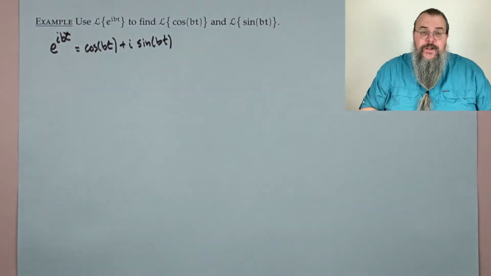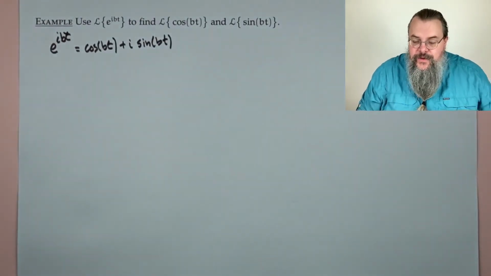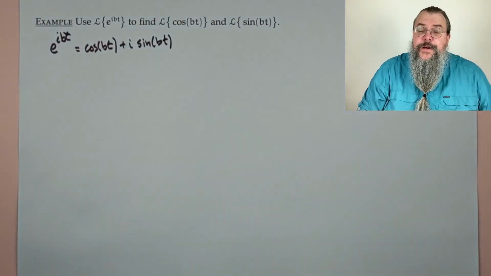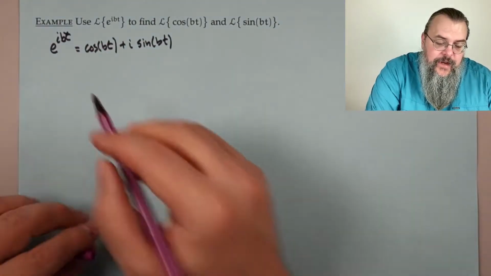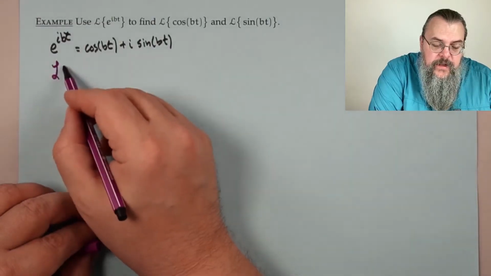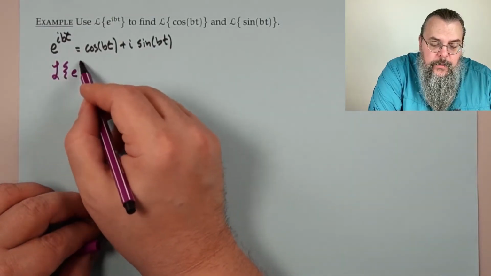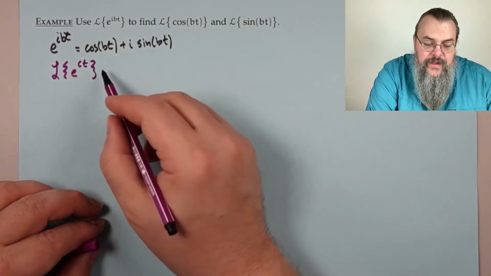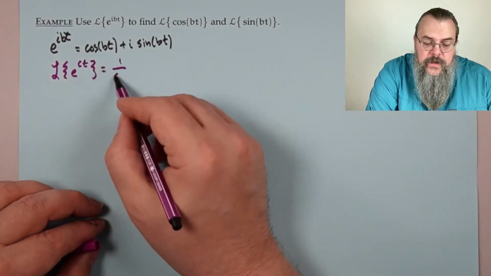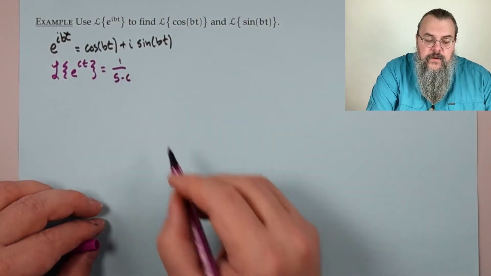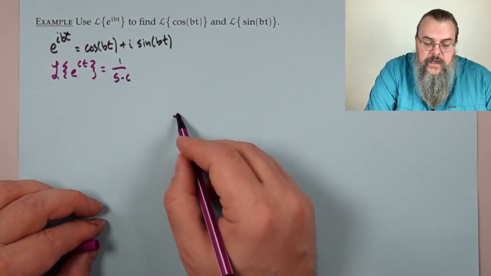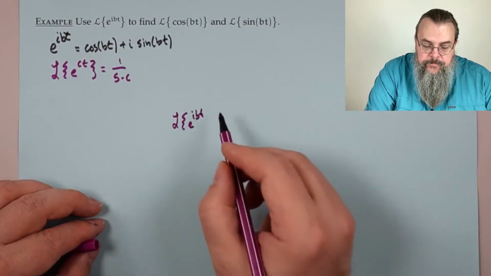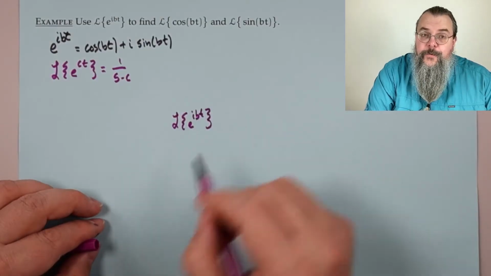All right, well, let's start. Where can we start? Well, it says use the Laplace transform of e to the i bt. Now you might say, well, we have a rule for that. Let's write our rule down just so we have it for reference. Laplace transform of e to the ct is 1 over s minus c. All right, so we can say, hey, that means that the Laplace transform of e to the i bt, we can run that.